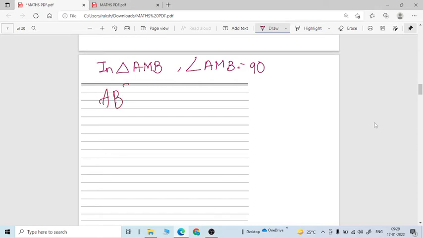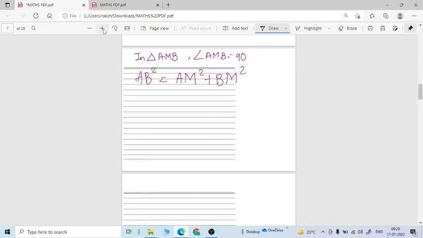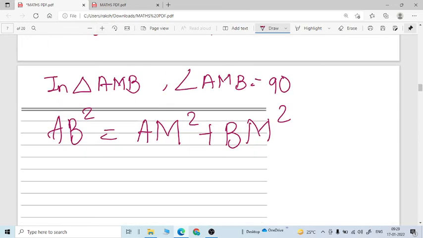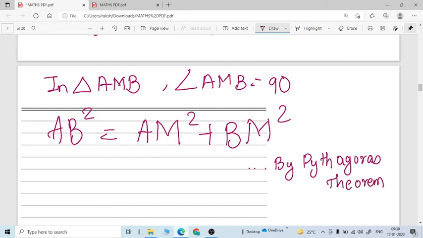AB square is equal to AM square plus BM square, by Pythagoras theorem.